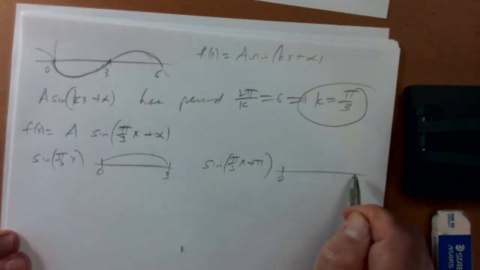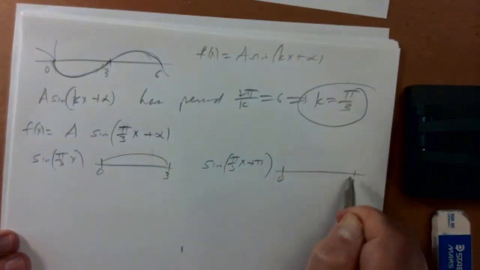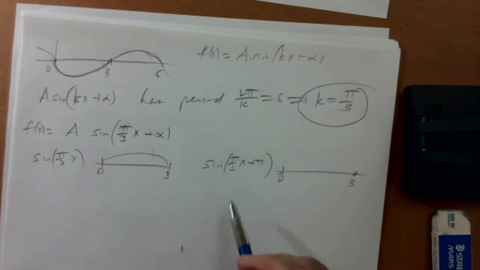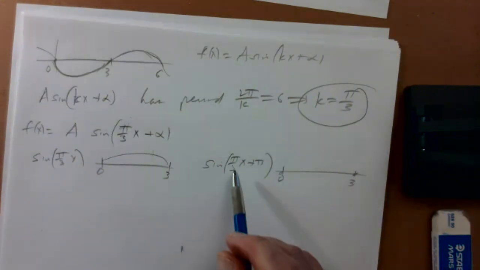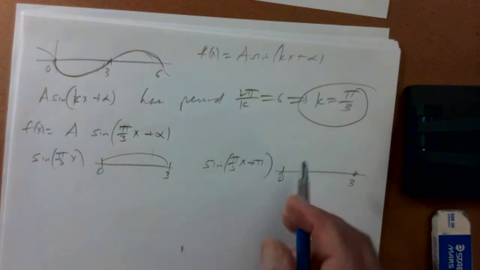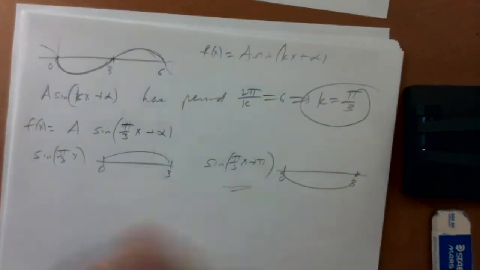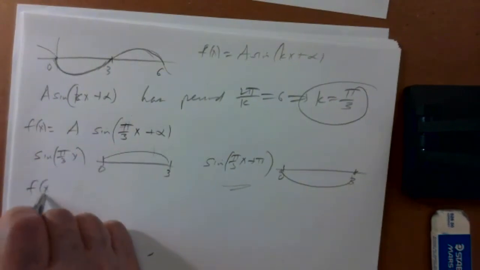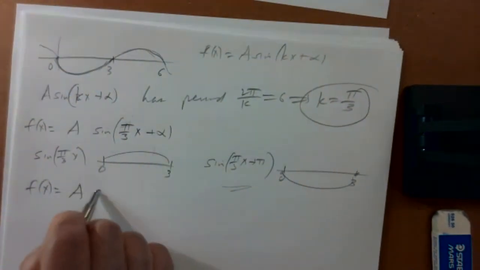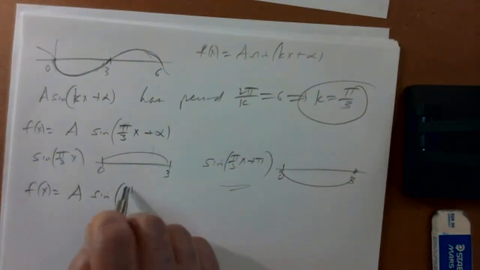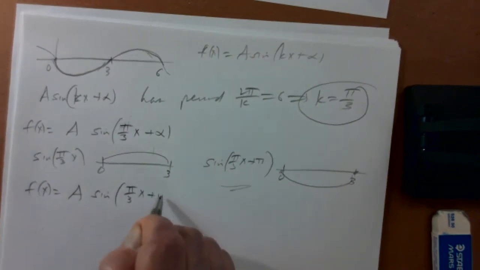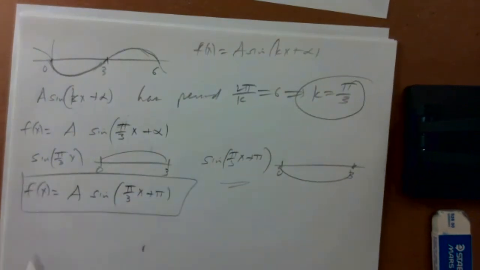It's 0 at 0, it's 0 at 3, and as x goes from 0 to 3, this goes from pi to 2 pi. The sine from pi to 2 pi is negative. So that's what it has to be. So our function f of x is A times the sine of pi over 3 x plus pi. This is the solution of our problem.